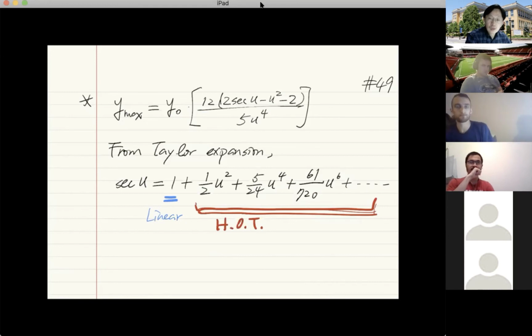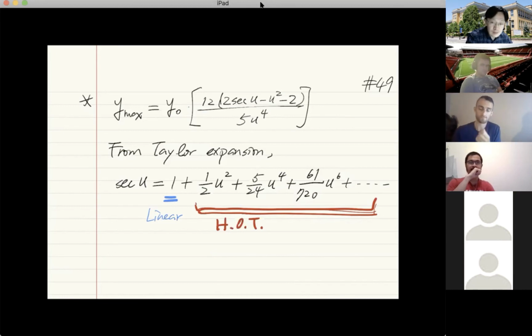Right? But the rule is when you observe this function, the first question is, do you think this function, in this case, sec u, is linear? Do you think it's linear? Of course it's not linear, right? None of the trigonometrical functions is linear. Sine is not linear, cosine is not linear. Neither can sec u be linear.